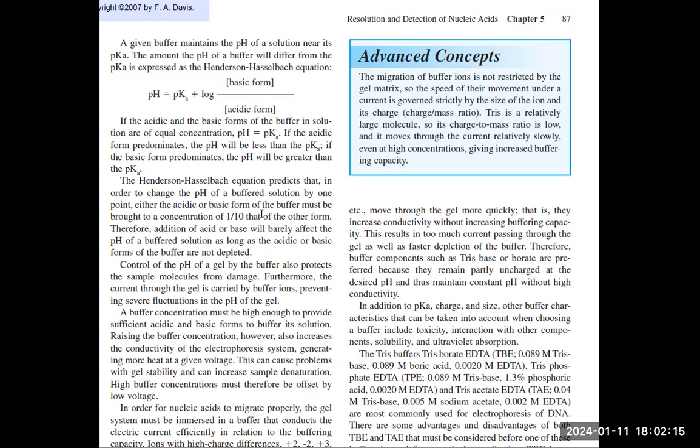For example, if you had pH 8 and you wanted to change it into pH 9, remember pH 8 is basic, so the acidic form has to be brought to a concentration of 1/10 that of the basic form.